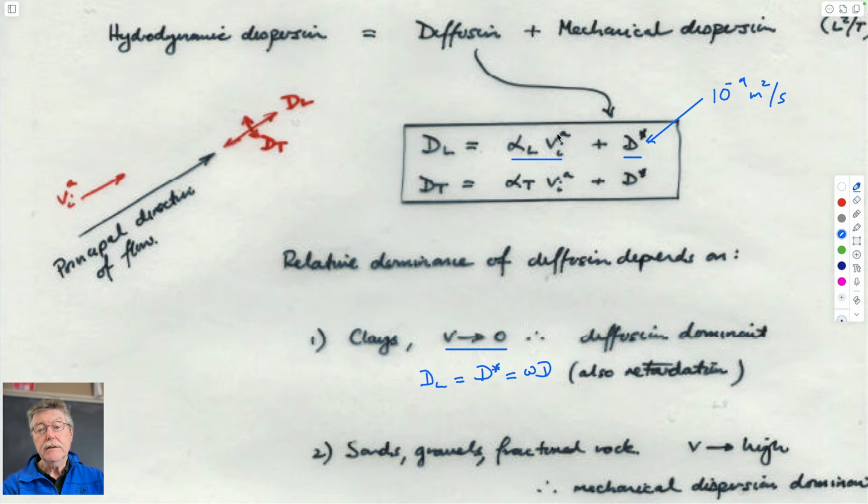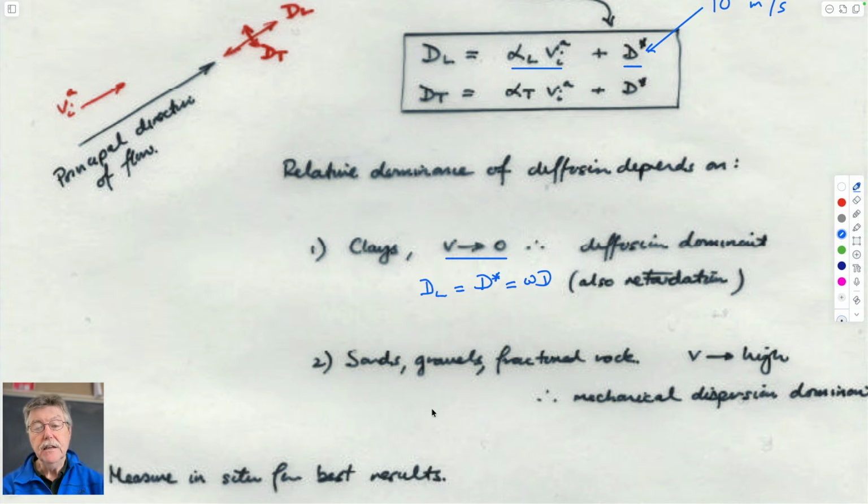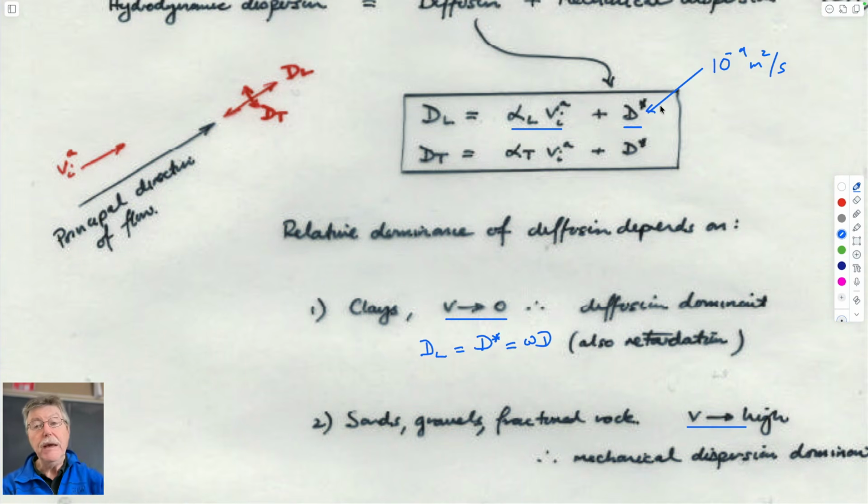If we now have a high velocity in sands or gravels, then all of a sudden this term becomes finite, and it turns out it becomes much bigger than this. Even for small velocity, this term will end up completely overpowering this.